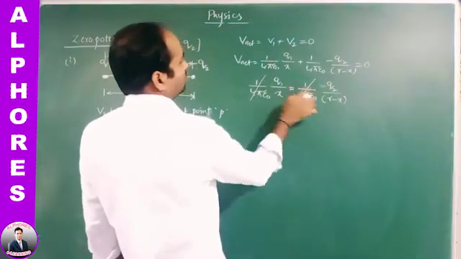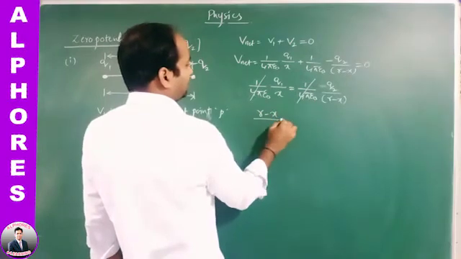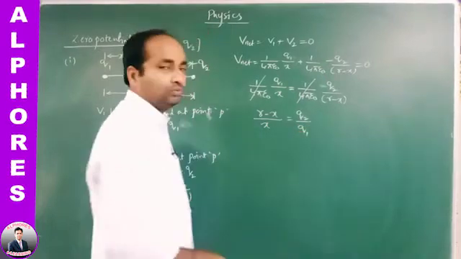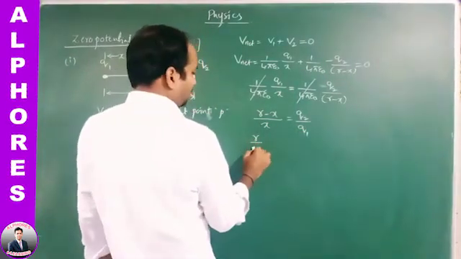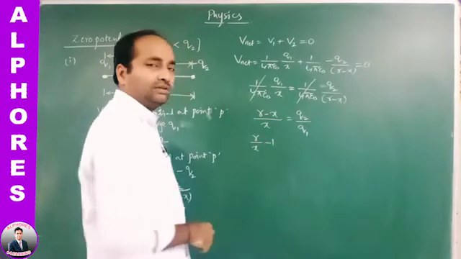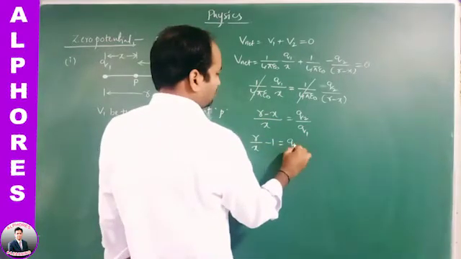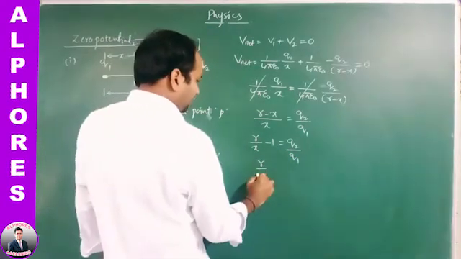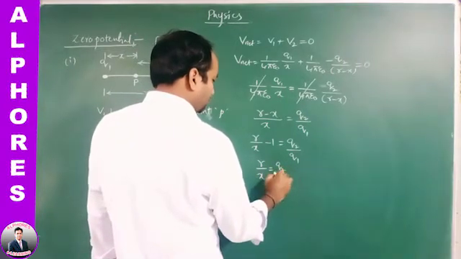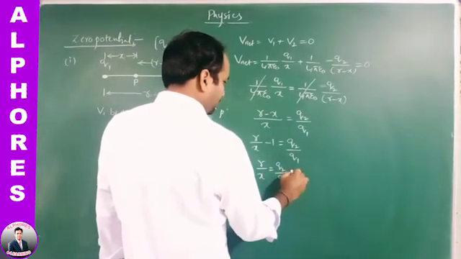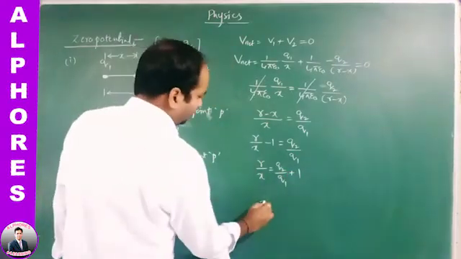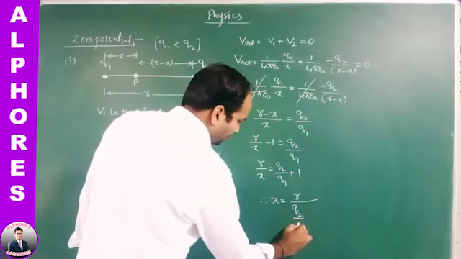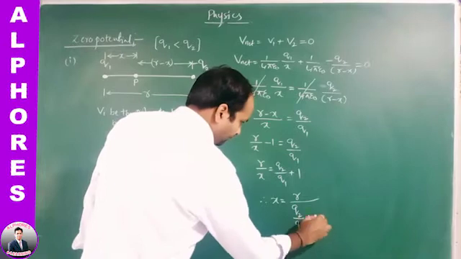We may interchange these two terms: R minus x by x is equal to Q2 by Q1. So R by x minus x by x, minus 1, is equal to Q2 by Q1. R by x is equal to Q2 by Q1 plus 1. Therefore x can be written as x is equal to R by (Q2 by Q1 plus 1).